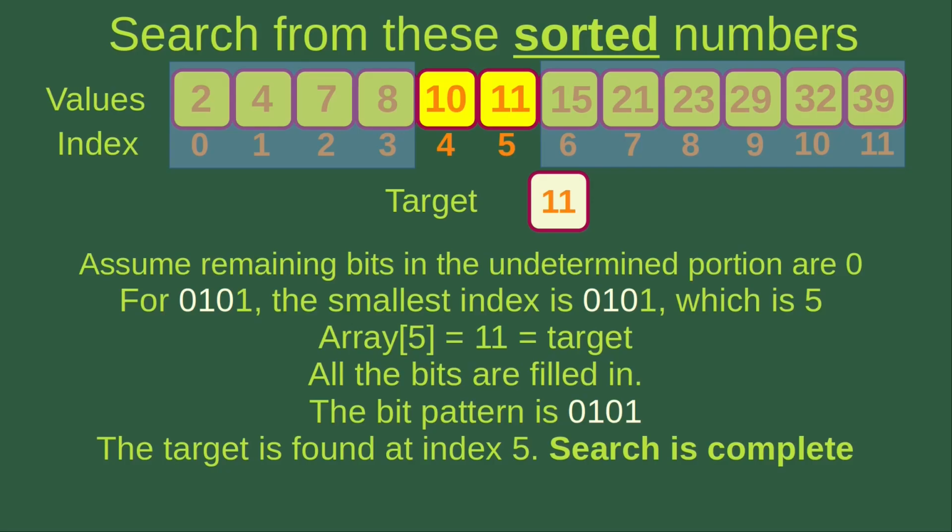Now the smallest index is 0, 1, 0, 1, which is 5, and index 5 would correspond to 11, which is actually our target. And now of course all the bits are already filled in, and the bit pattern is already determined as 0, 1, 0, 1. And of course the target is now found at index 5, which means that our search is now complete, and we have really found the target in the array.